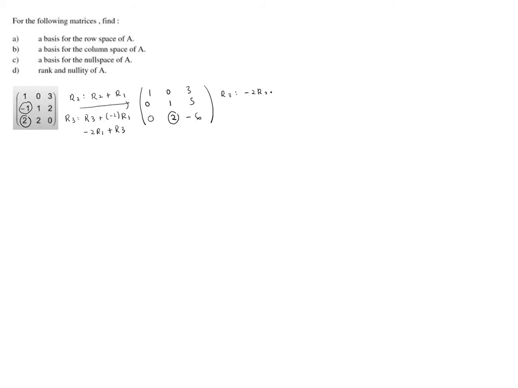Negative 2 R2 plus R3. 0, 0 is still 0. Okay, negative 2 plus 2, 0. And then negative 10 plus negative 6. Negative 10 plus negative 6 is negative 16.